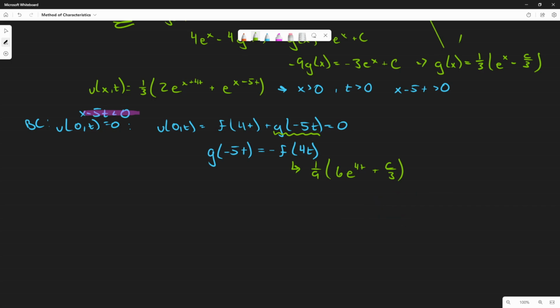And then we just bring down the negative, so this would be negative 1/9. So technically we already found what g of negative 5t is.